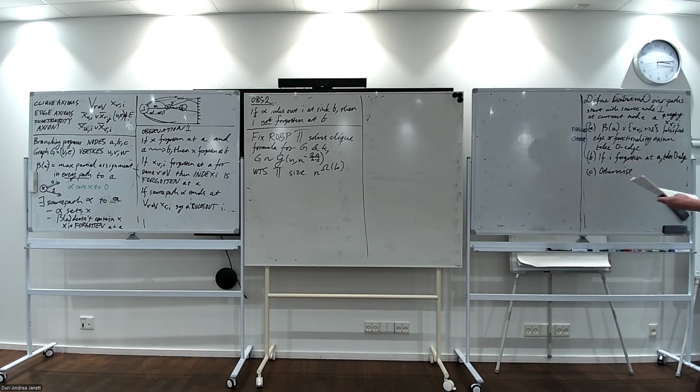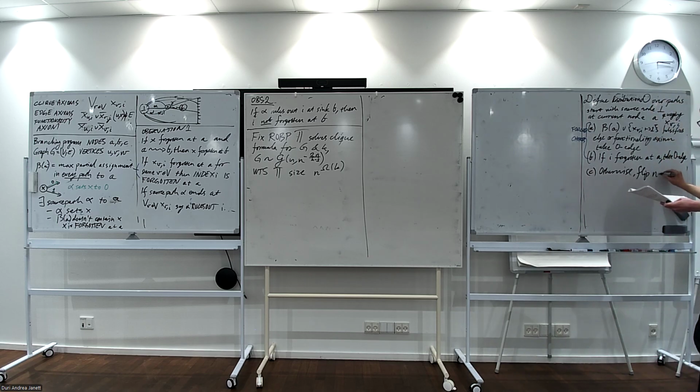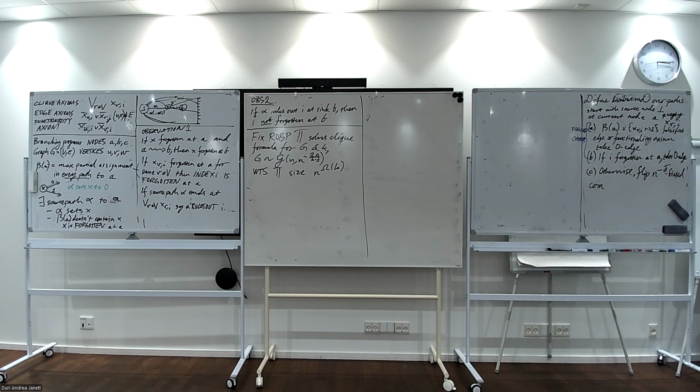Okay, so we're going to flip an n to the minus delta biased coin. Let's discuss exactly what delta is later. Delta is some positive constant.